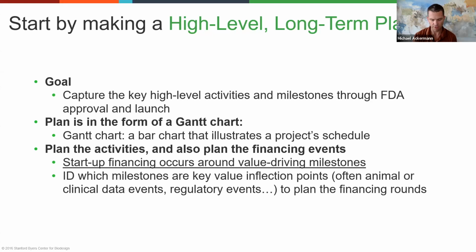And that happens for a couple of reasons. One, no one's going to give you the $200 million for something that is still largely just an idea. But on the flip side, it also allows you to increase the value of the company with each subsequent financing.